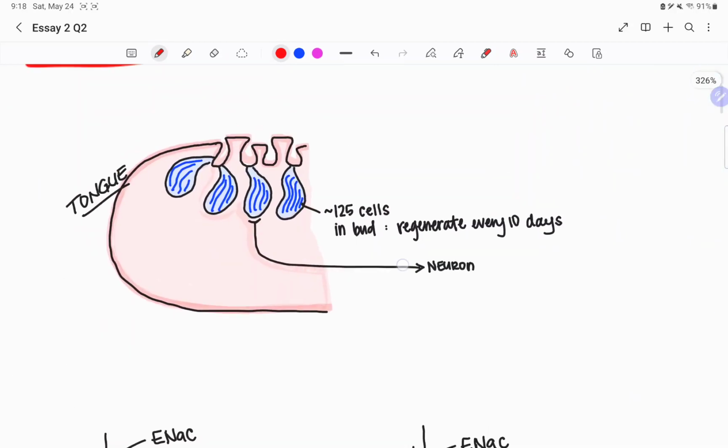Okay, so I'm going to zoom in on here. This is the tongue, right? On the tongue, we've got our taste buds, and we have a whole bunch of different buds. Each taste bud has about 125 cells, and these cells are able to regenerate about every 10 days.